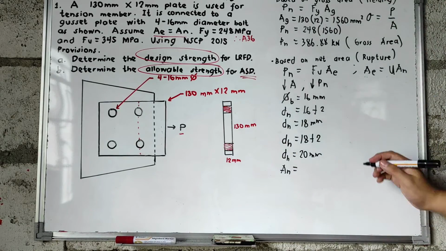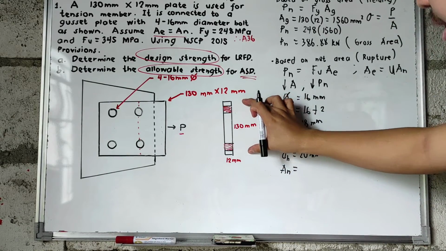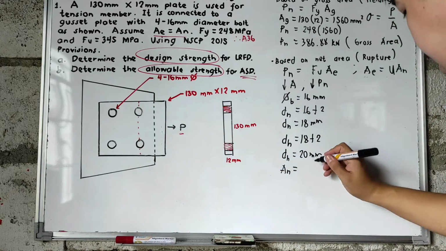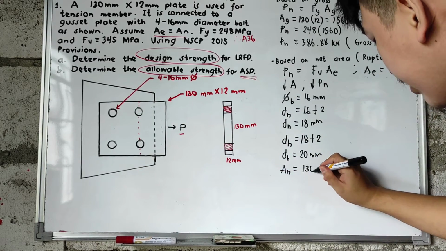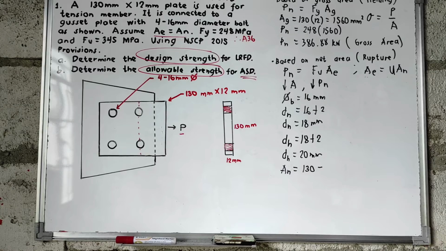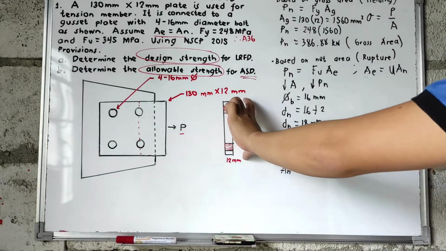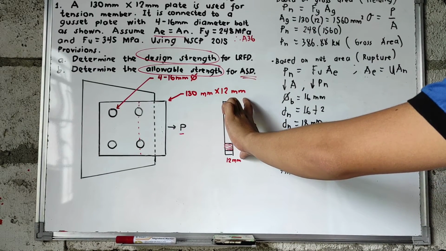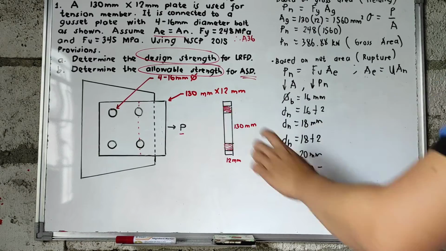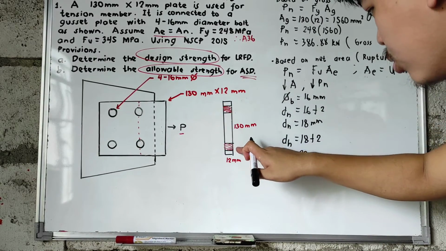So yung kabuuang width natin dito sa section na to, that is equal to 130 minus, kung matitingnan natin dito sa side na to, meron tayong dalawang hole. So 1, 2.